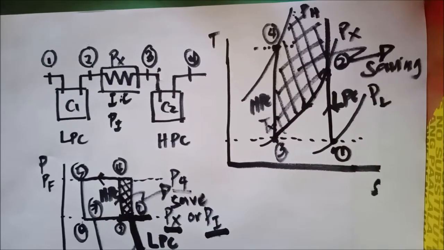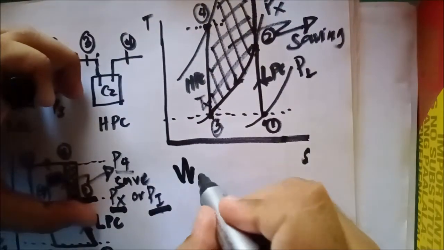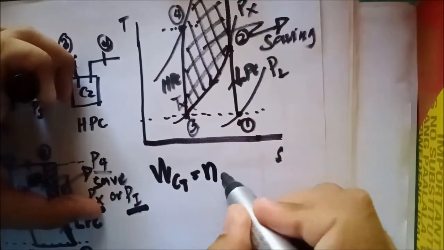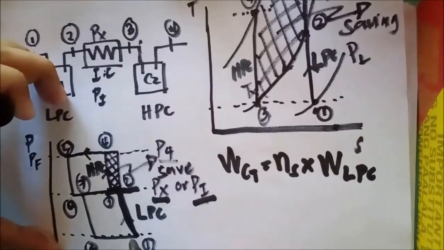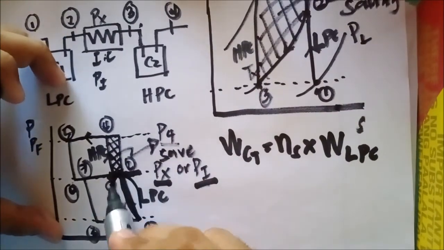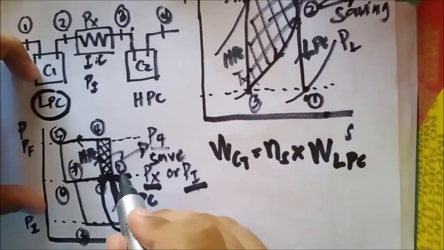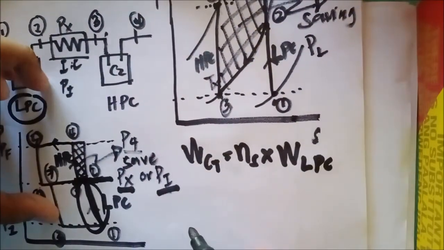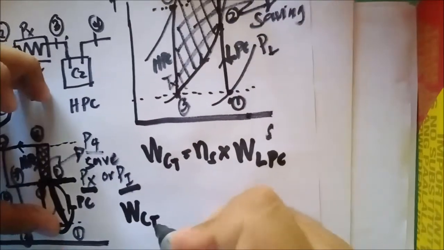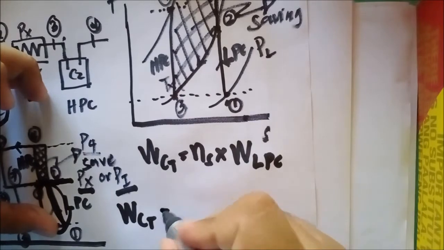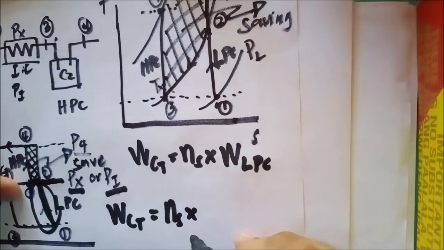So now that we know that the work compressor total is simply the number of stages times the work of the low pressure compressor. Where is the low pressure compressor? Here. The work of this compressor. So we have solved the Px, no? So the Px is the pressure interstage. So therefore, revising the work compressor total formula, it should be the number of stages times what is our work?